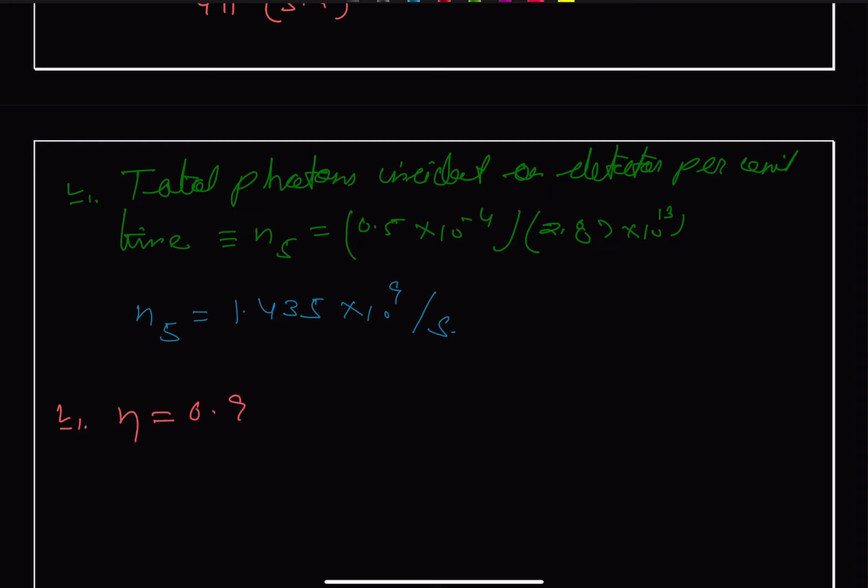So from here we can say total photoelectrons generated per unit time.